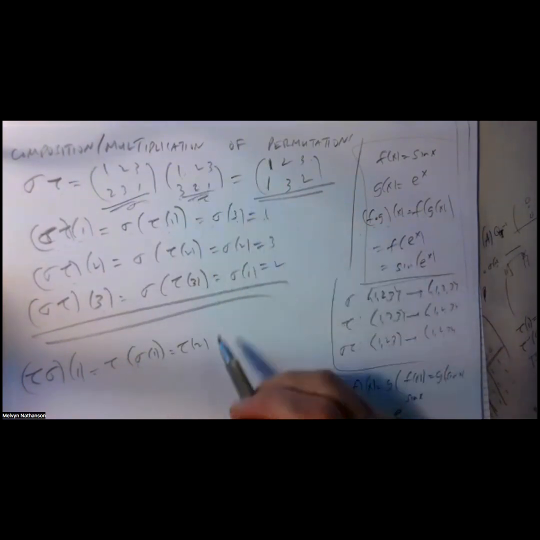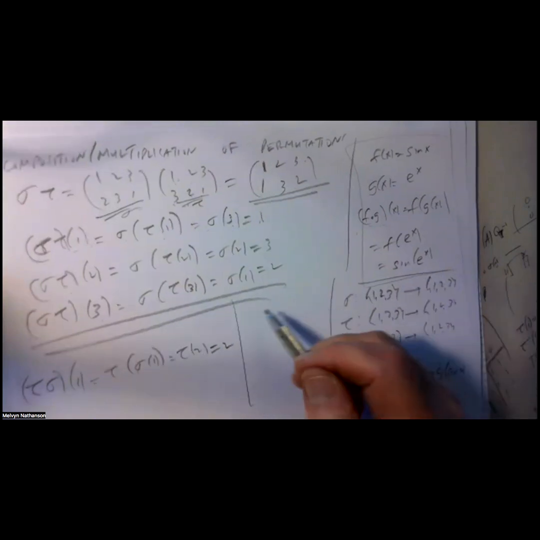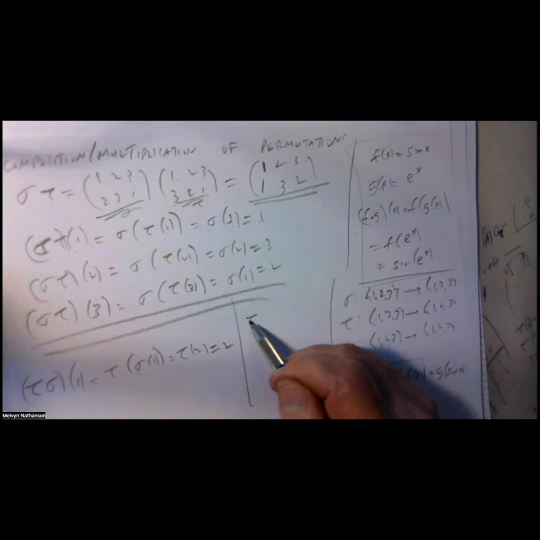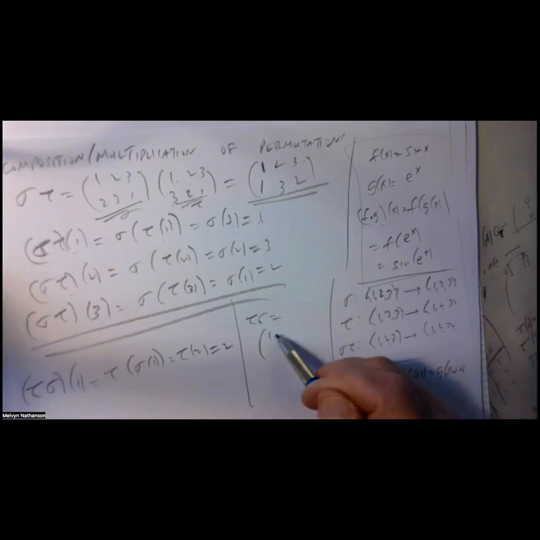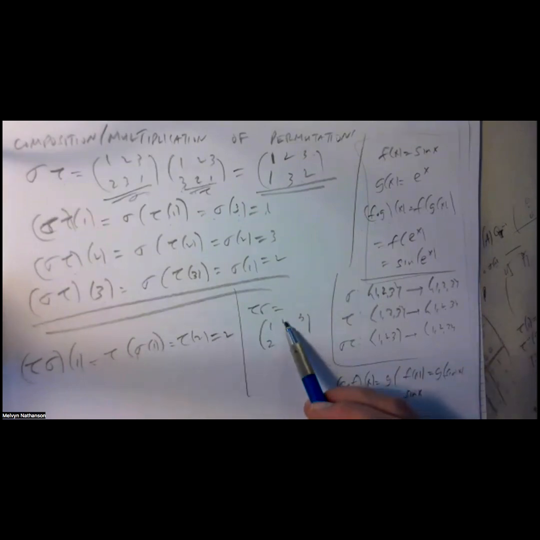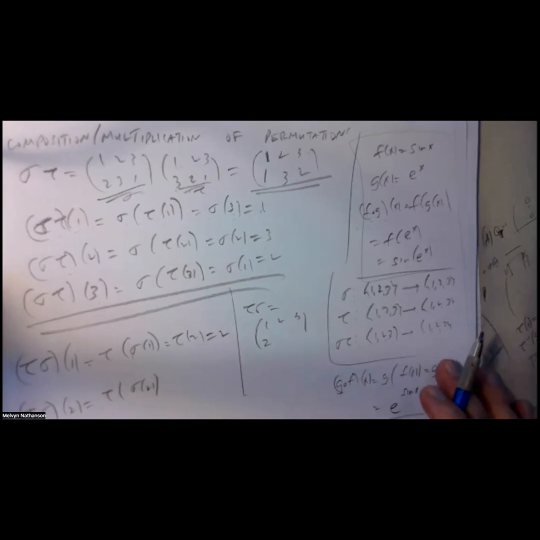And tau of 2 is 2, so tau sigma of 1 is equal to 2. If I make my little table over here, what is the permutation tau sigma? 1, 2, 3. Well, 1 goes to 2. What is tau sigma of 2? Tau sigma of 2 is tau of sigma of 2.